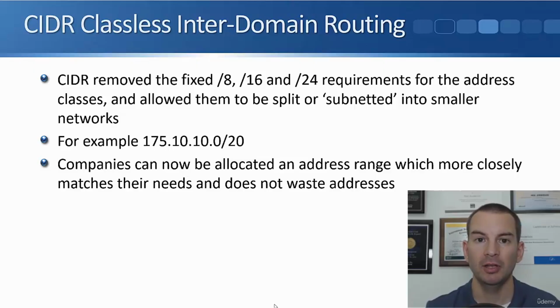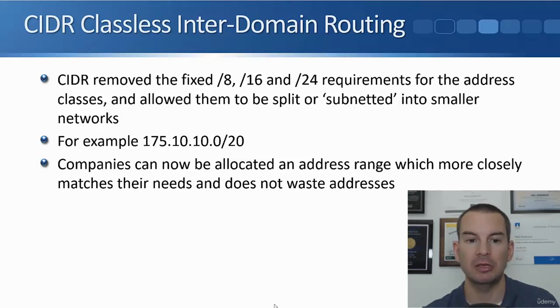So, for example, the Internet authorities could allocate the address 175.10.10.0/20. You can see from the first octet, 175, that that is a Class B address, which would normally be a /16. But rather than allocating the organization the entire class B, the Internet authorities could now assign them a /20, which meant that other networks in that 175 range would be available to give to other companies.